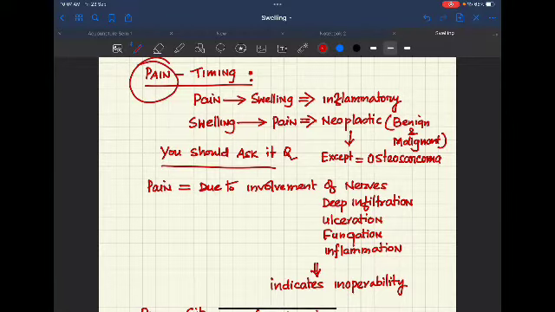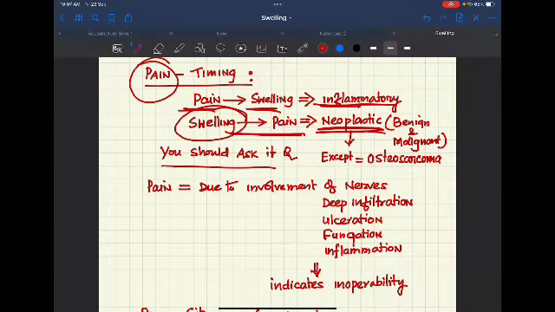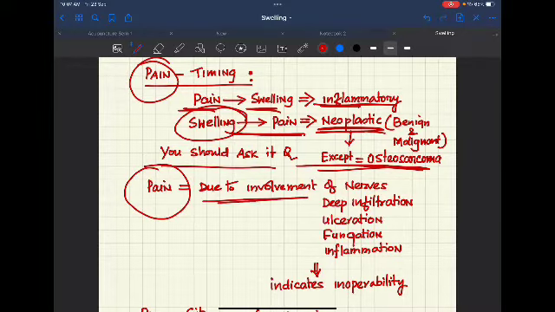Pain timing is important. If pain comes first, then the swelling, then it is inflammatory. If swelling comes first, then gradually there is pain, it will be a neoplastic condition, except osteosarcoma. Osteosarcoma is a bone condition, a bone malignancy. Okay, pain due to involvement of nerves or deep infiltration.